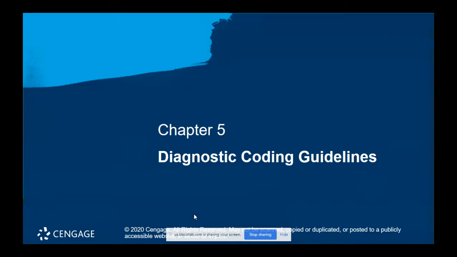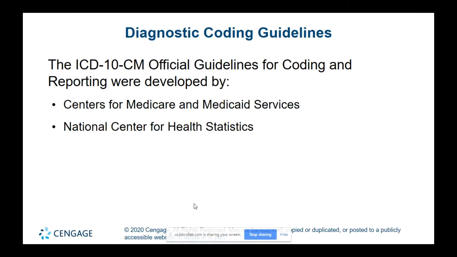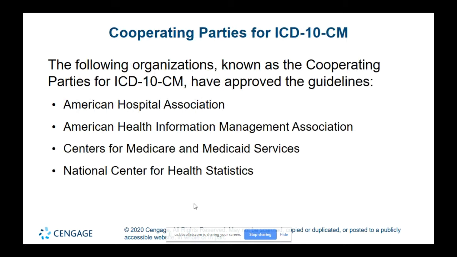Diagnostic coding guidelines. We kind of talked about this information already. So here's a recap of how these reporting guidelines and codes were developed, because there is a question on the quiz, or the test yourself, so I wanted to put that reminder out there again. The Centers for Medicare and Medicaid Services and the National Center for Health Statistics are the ones that developed these guidelines, whereas these other organizations are the partners that help with it.